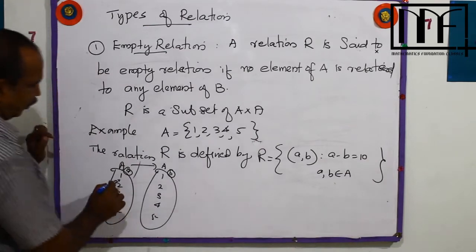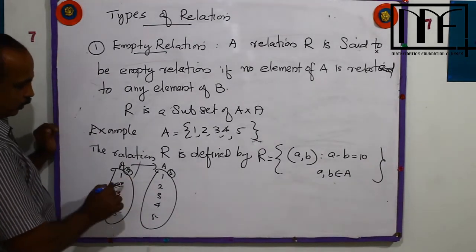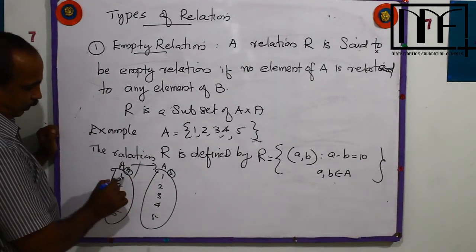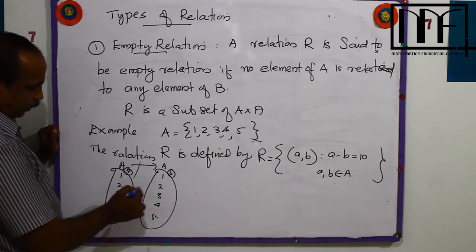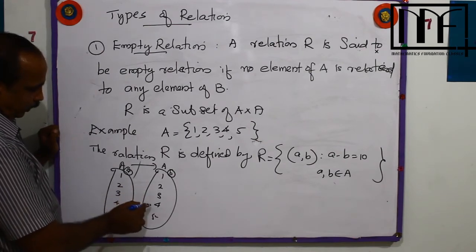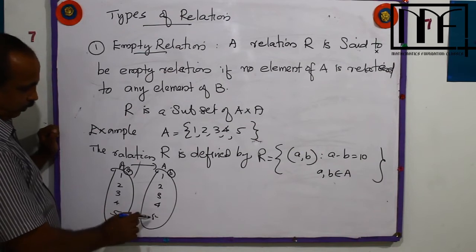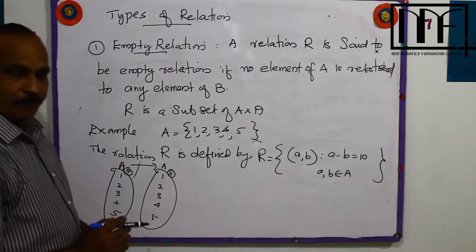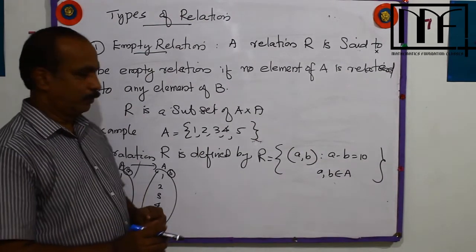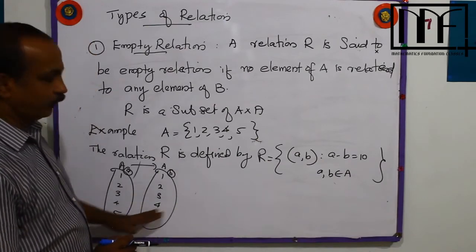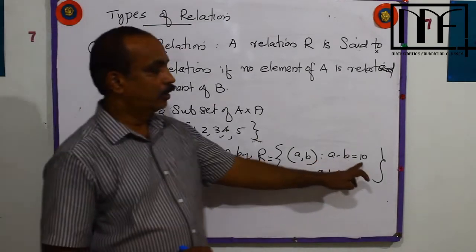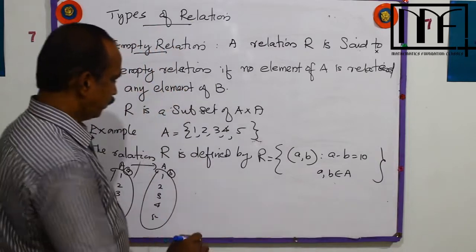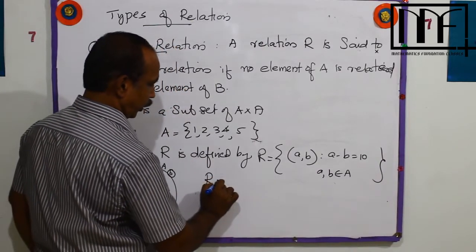If you take 1 minus 1, 1 minus 2, 1 minus 3, 1 minus 4, 1 minus 5, like 2 minus 2, 2 minus 3, 2 minus 4, 2 minus 5, all together 5 fives are 25 ordered pairs we can consider, but none of the ordered pairs give the answer 10. So in this relation, there is no such ordered pair.